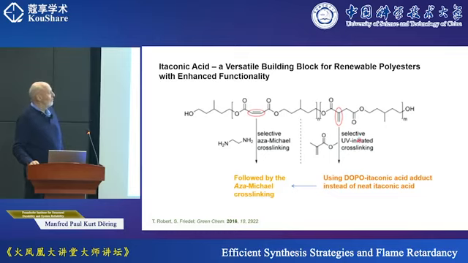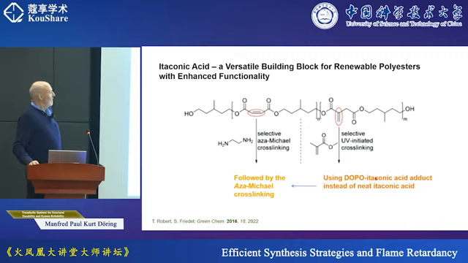That means if you irradiate this with UV, you only activate this group, and this not. But this, on the other hand, is selective for aza-Michael cross-linking. And this not. And this is very interesting because this is a very nice selectivity.